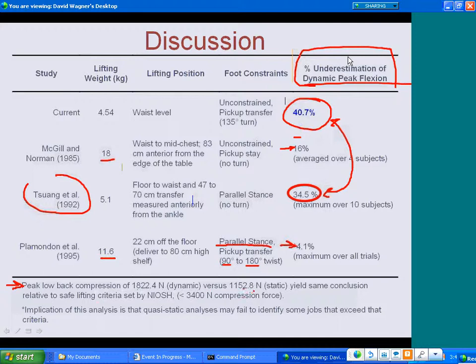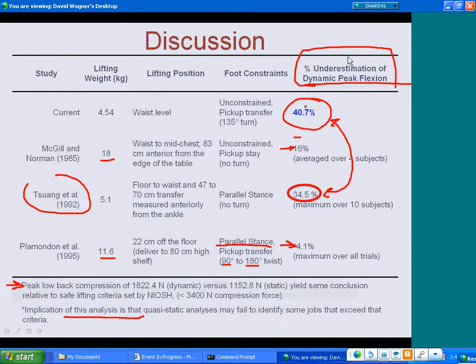However, the implication is that the quasi-static analysis may fail to identify some jobs that do exceed that criteria simply because of the large underestimation of the dynamic peak force that we're seeing here.